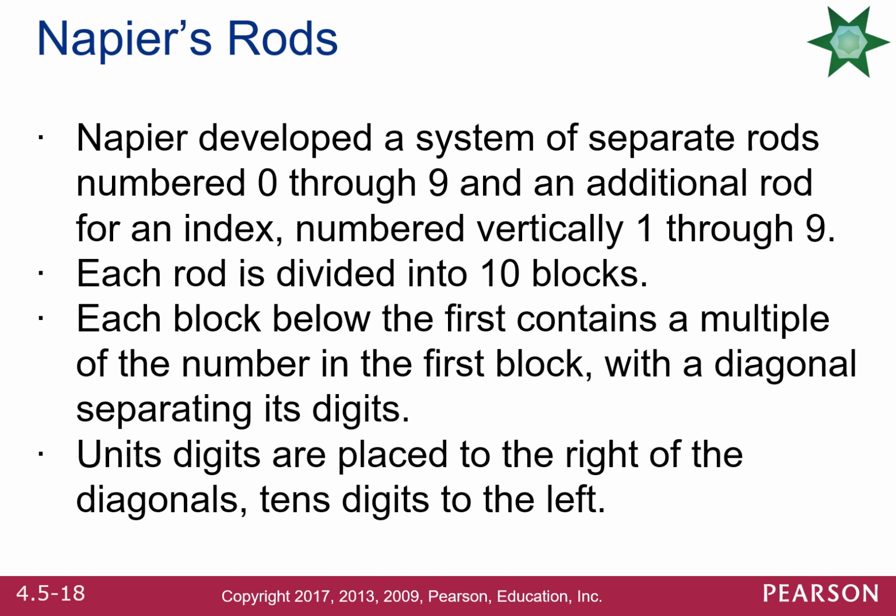So what you can expect to see in Napier's rods, the diagram, you will see a top column starting from 0 and then 1, 2, 3, 4, 5, 6, 7, 8 all the way up to 9, a cross on the top row, and then what's called an additional rod for an index. That index will be numbered vertically starting from 1 instead of 0.